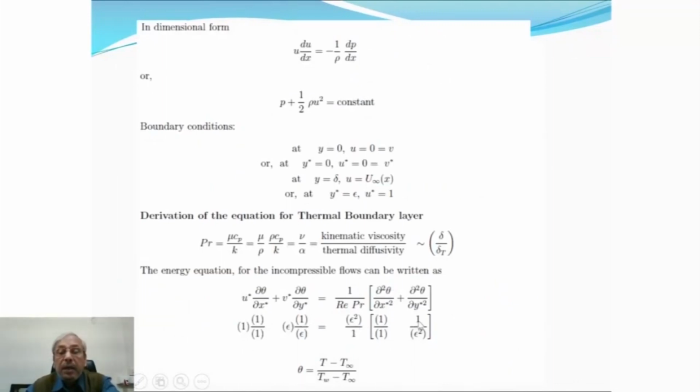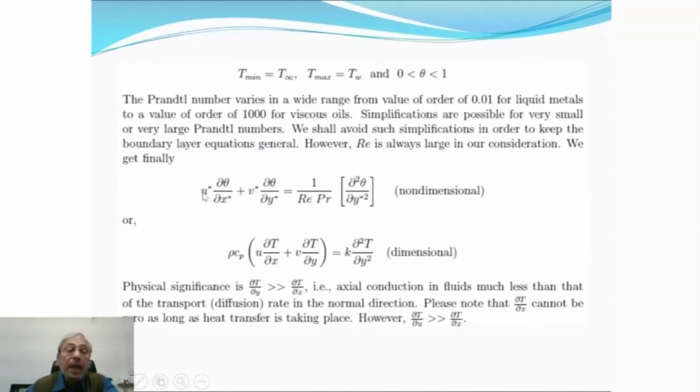Then again, if we want to retain order of 1 on both the sides, we'll be able to write u star ∂theta/∂x star plus v star ∂theta/∂y star equal to 1 by Reynolds number into Prandtl number ∂2 theta/∂y star 2.